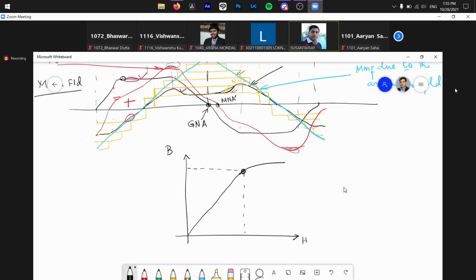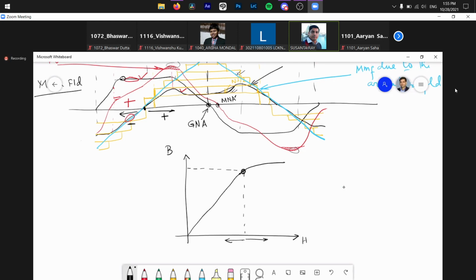Okay, now due to this shape of the armature flux, we have added some MMF at some points, and at some points we have subtracted some MMF. You see, if we look at this point, after this point we have added, because here both have positive polarity MMF.